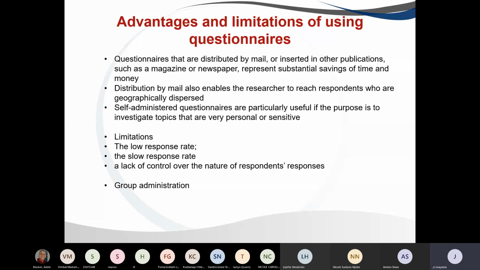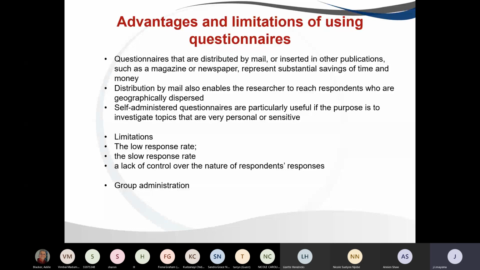So I think we've talked about most of these already, the advantages of using questionnaires. Yes, we know that it saves time and it saves money, because you're not physically having to go and speak to every person. You just send out an instrument, and people reply. We know that you can reach more people, so you reach respondents who are geographically dispersed, especially with e-surveys.